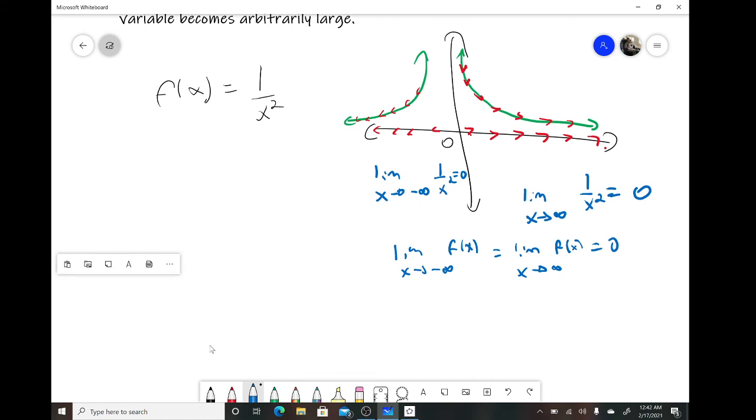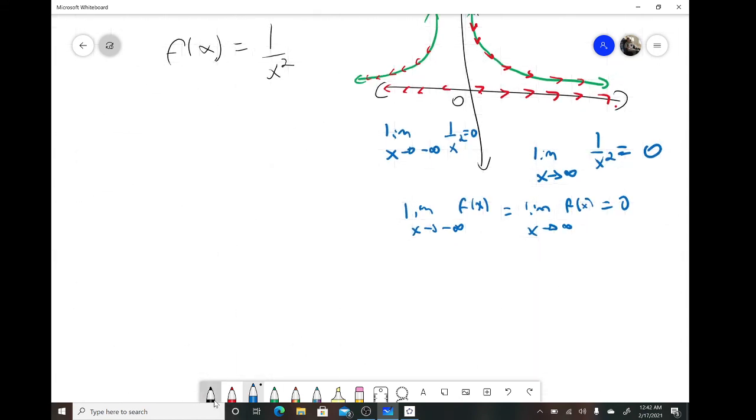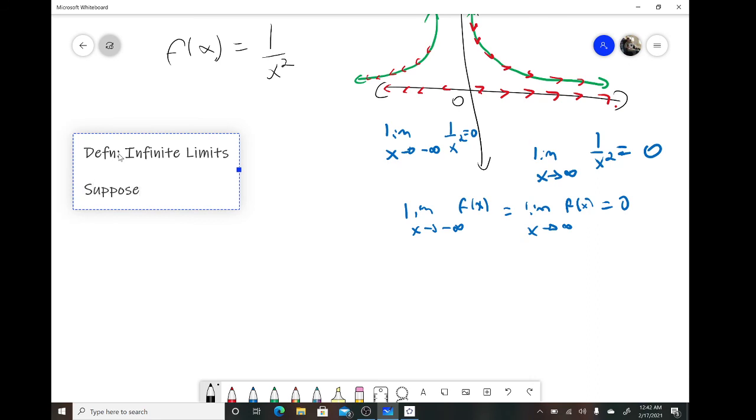So let me define infinite limits informally, at least. Later on I'll be defining this very formally. Okay, so suppose f is defined for all x near a.